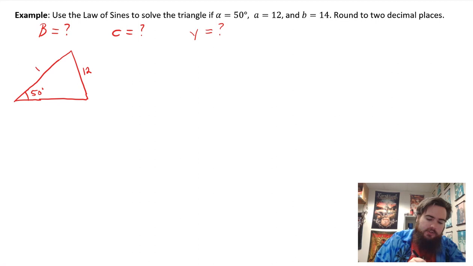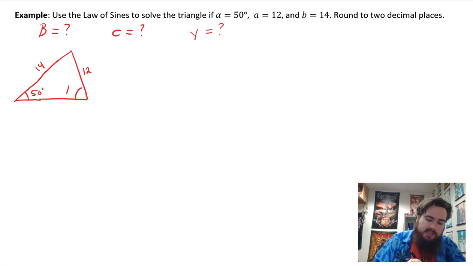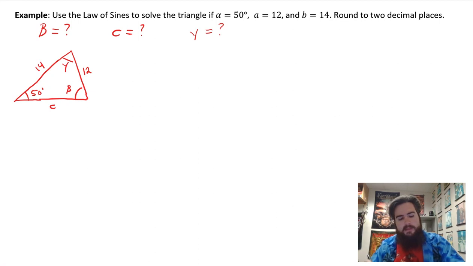In this case, I'll choose to use this side length up here. And because I chose that one to be 14 or b, that means the angle measure across from it is now beta. And the other pair of values I have are c and gamma respectively. So that's a triangle that I'm working with here, and I'm trying to solve for the missing values.